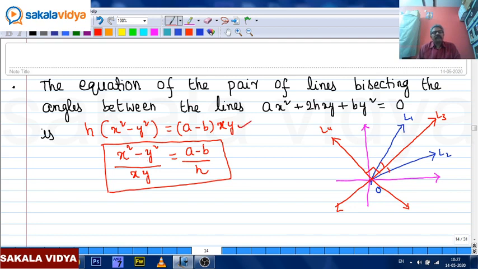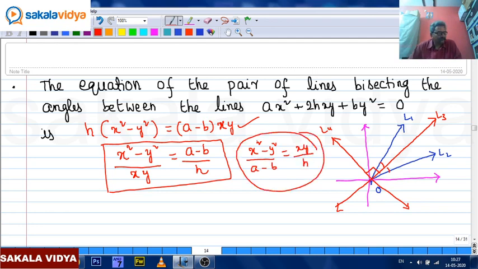That means always this will be 90 degrees. Or we can write like this: x square minus y square by a minus b equal to xy by h. So you can remember like this also.